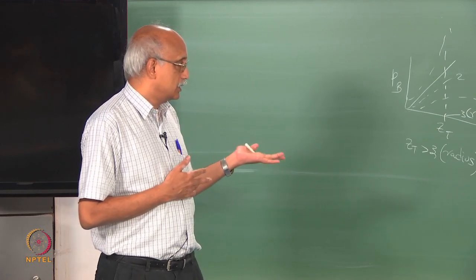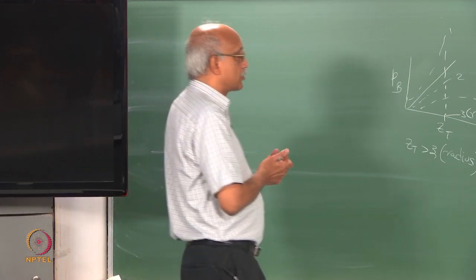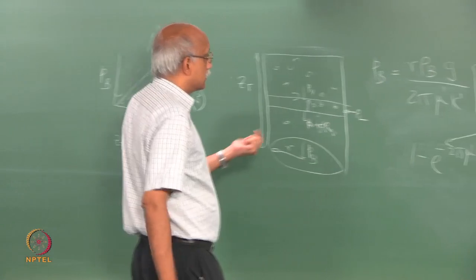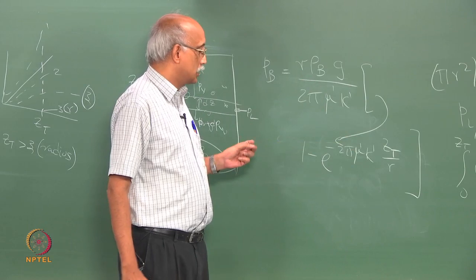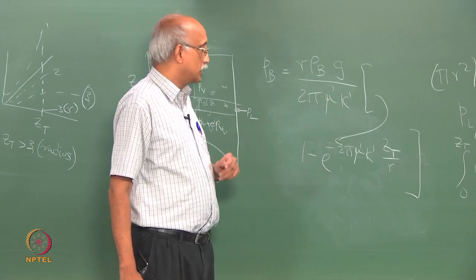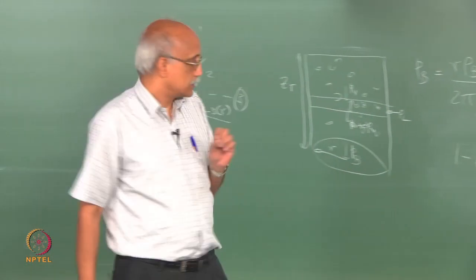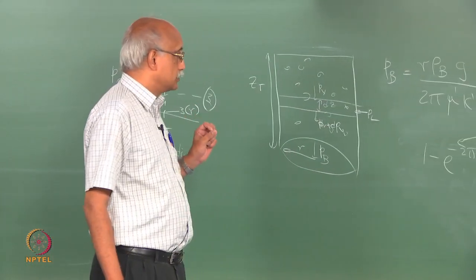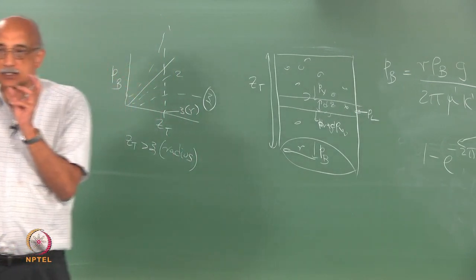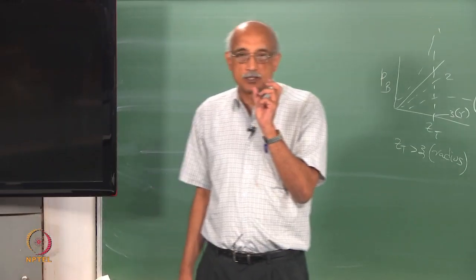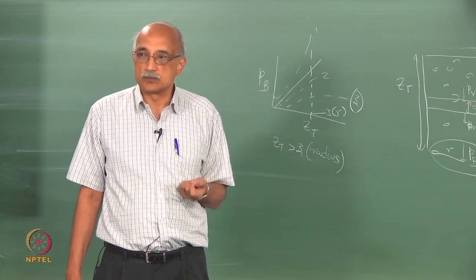So, if you look at this expression, there are some interesting conclusions you can draw from it. If you look at Pb value, the dependence on r is somewhat complex, as is the dependence on mu prime and k prime, but bulk density is only in the numerator. It is in fact proportional to bulk density. So, clearly how well packed the mass is plays a huge role in terms of how easy it is to discharge, how much pressure builds up, and so on.